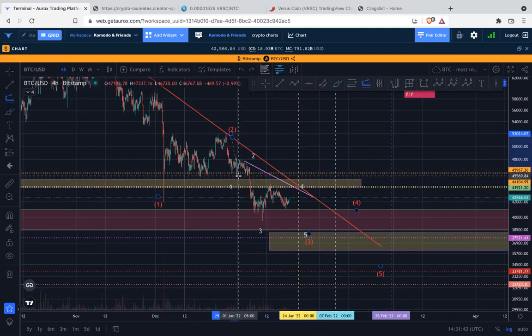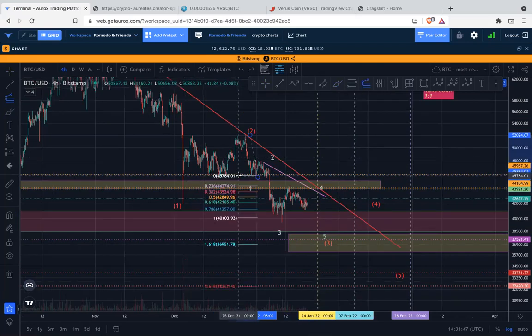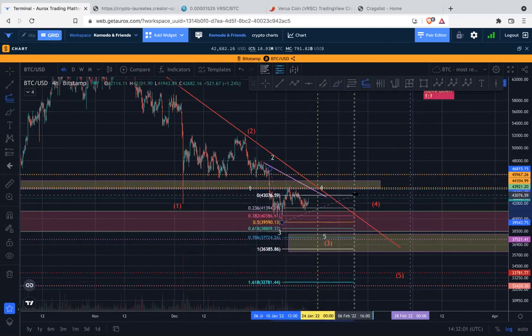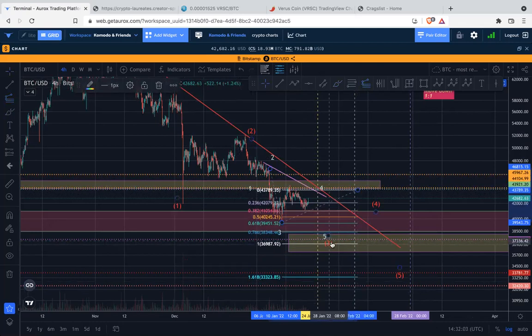So actually, I'm not even going to speculate on this 5 wave because at this point, it's coming somewhere down here. I've already looked at it enough times, and the length of this 5 wave compared to the 3, we're coming from here, a 1-to-1 is here.